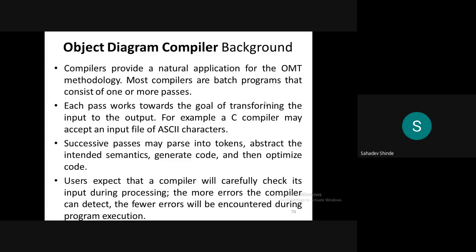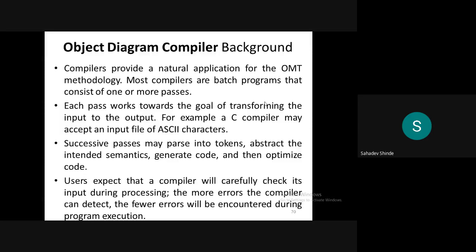The compilers provide a natural application for the OMT methodology. Most compilers are batch programs that consist of one or more passes. The passes means the single pass, double pass, like that. Each pass works towards the goal of transforming the input to the output.